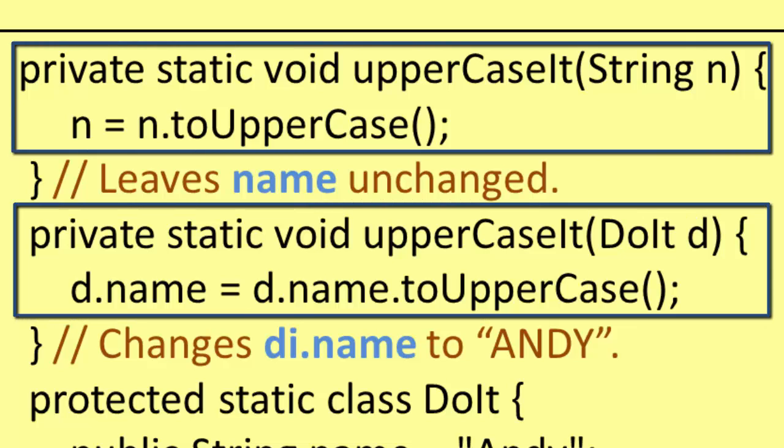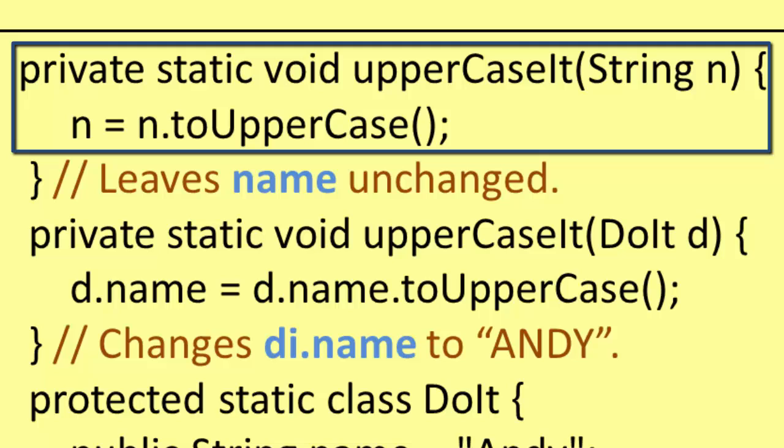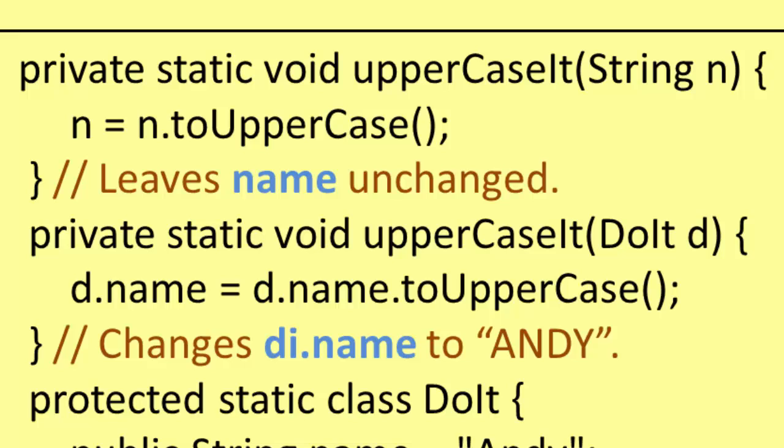We're just converting what comes in to uppercase. However, the name variable will remain unchanged. All we're doing is changing the local variable n to be something different. But the name Andy isn't altered at all. It remains capital A, little ndy.